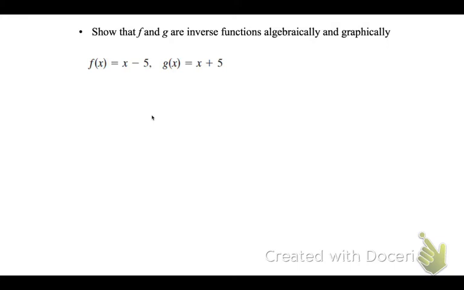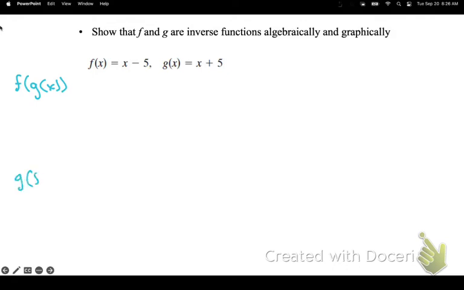Okay, show that g and f are inverses of each other, algebraically and graphically. So first of all, we're going to worry about algebraically. How do I do that algebraically? How do I show they're inverses of each other? Put f into g of x. We do f into g of x and g into f of x.